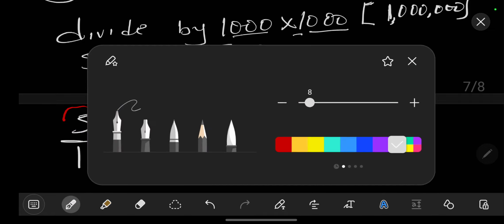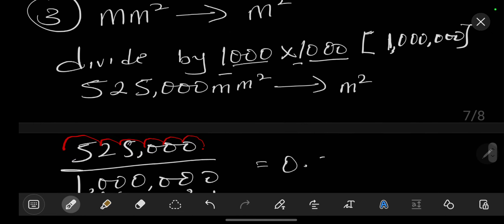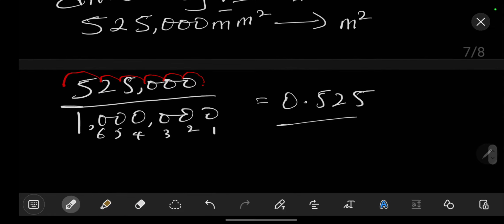And that will give me 0.525. As always, you can confirm with a calculator if you are unsure of your answer. So 525,000 divided by 1 million gives me 0.525. Absolutely correct. So that is it.